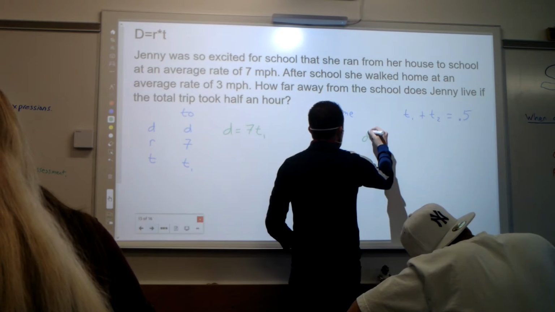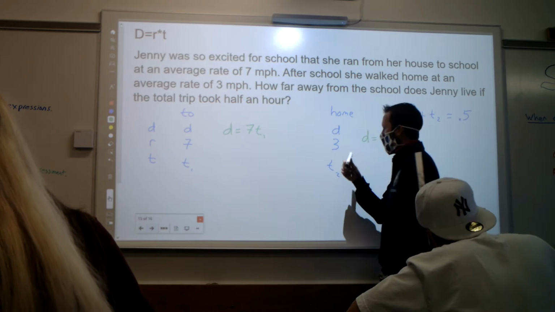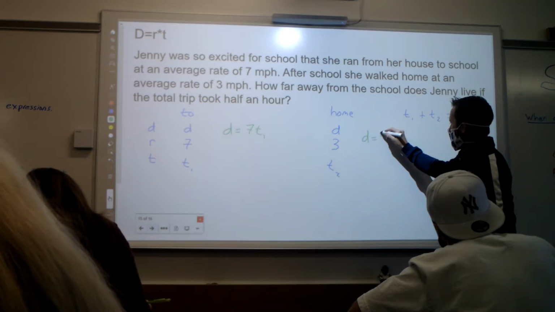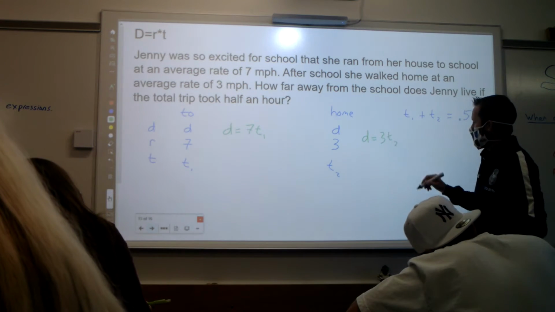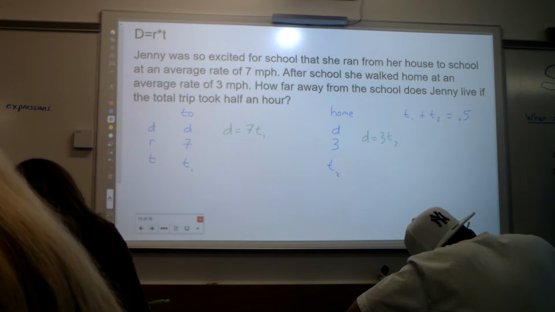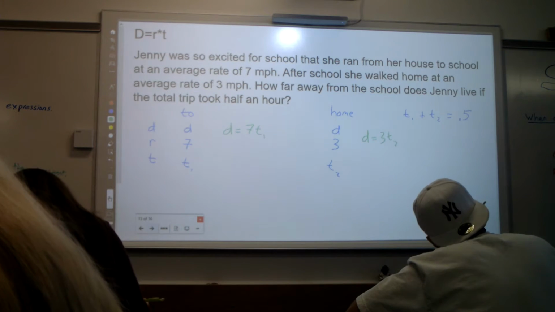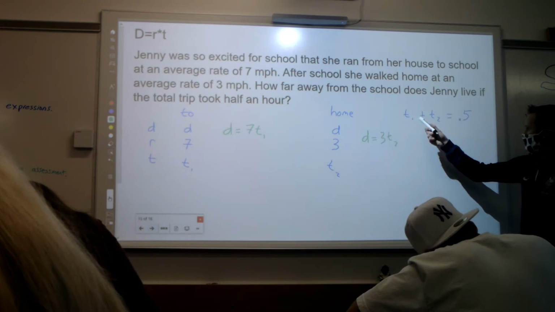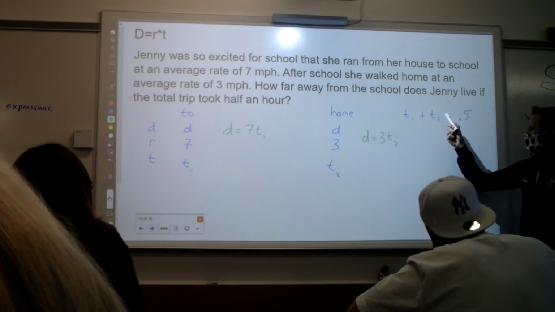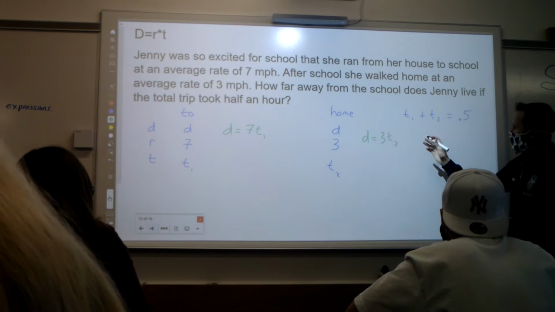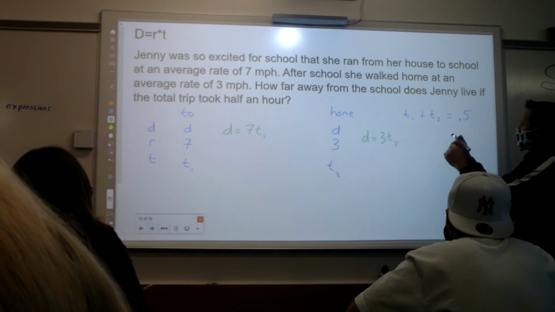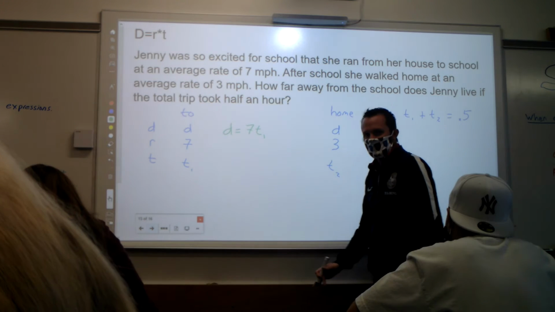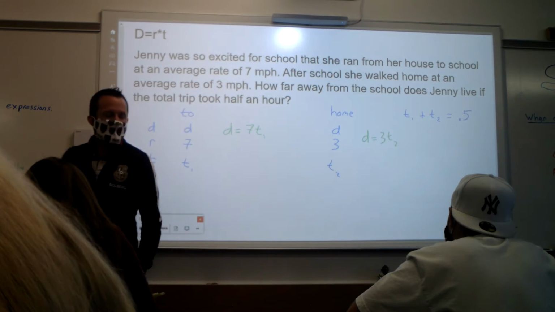The distance is going to be equal to 3 times time 2. Now what we're going to do is solve for time 1, plug that in here. Solve for time 2, put it in here. And then we'll be able to have one variable d we could solve for, and it'll tell us how far she is. Okay? So let's go through.